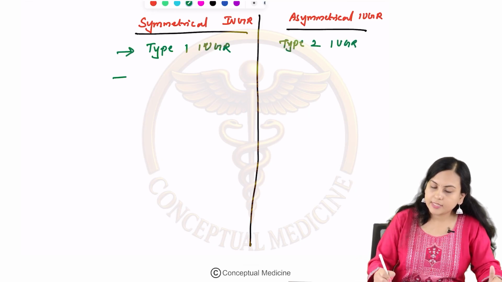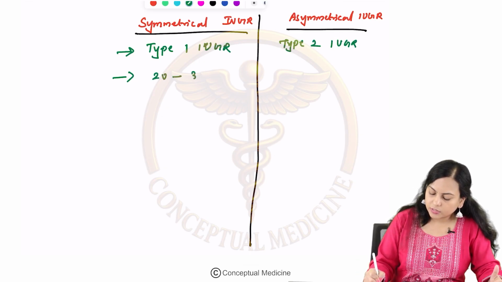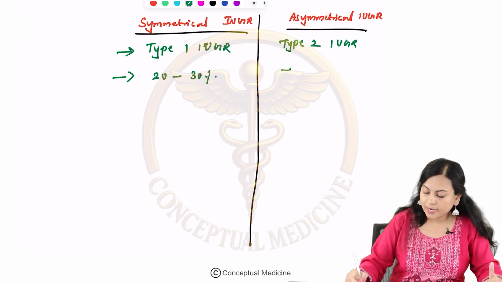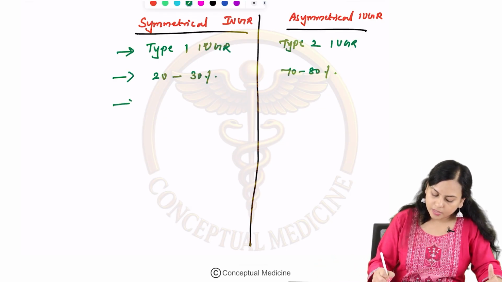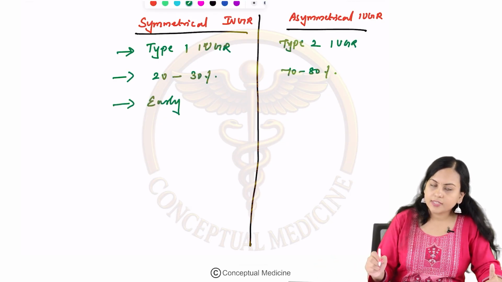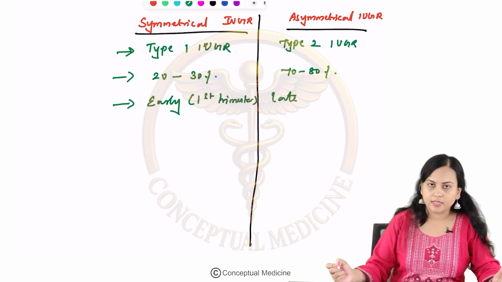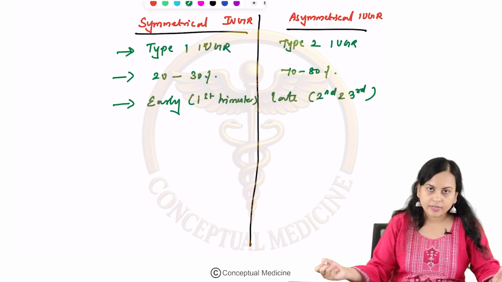And the incidence of symmetrical IUGR is around 20 to 30%, whereas in the remaining cases, that is around 70 to 80% of the cases will be seeing asymmetrical IUGR. Okay? And remember, the onset in symmetrical IUGR usually starts early, maybe in the first trimester itself. Whereas in the late onset, suppose if it's happening in the second or in the third trimester, then there is a chance of asymmetrical IUGR.